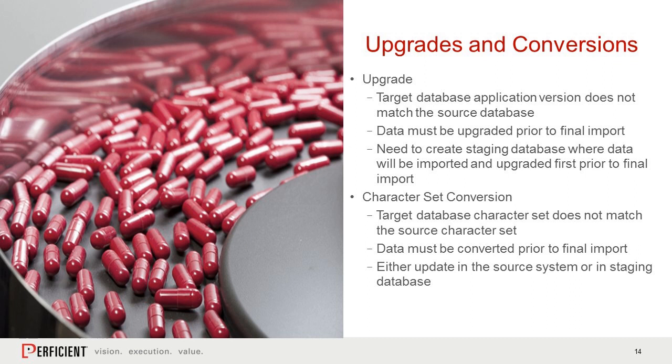And so remember, this is in the staging database, so this is kind of like the preparation phase. You convert the character set, you upgrade the application, and then you're ready to make the final move into the target database.